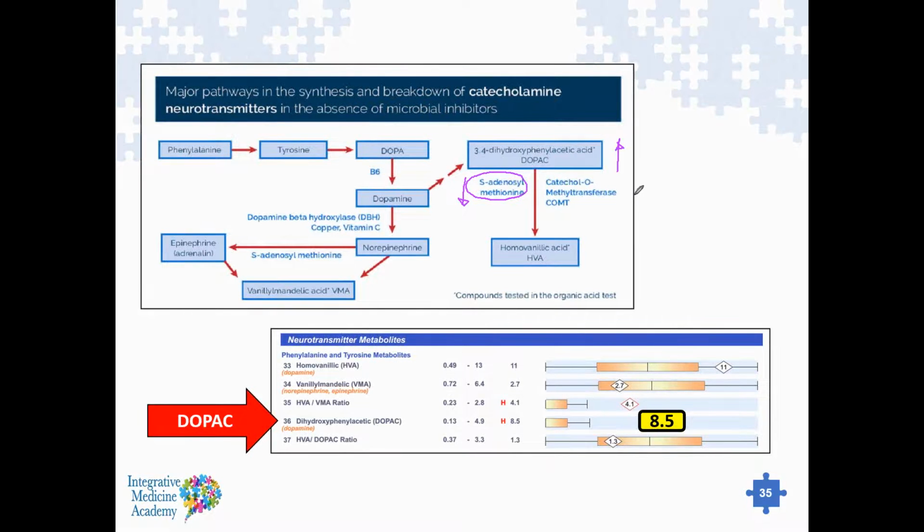We could have a polymorphism of our catecholamine O-methyltransferase enzyme. We could be increasing dopamine, either because of intake of phenylalanine and/or tyrosine, or we could be increasing dopamine that's spilling over to DOPAC because we're blocking the dopamine beta hydroxylase. So those are all different scenarios.